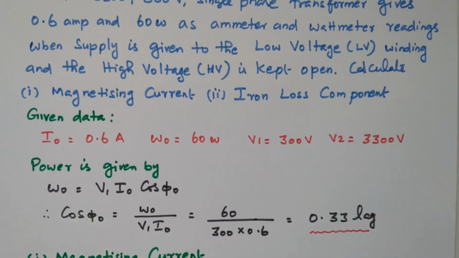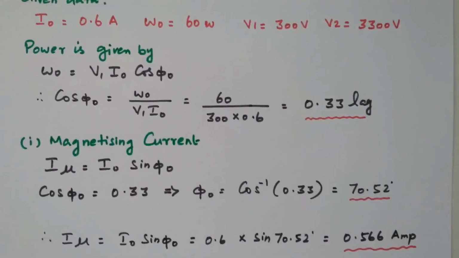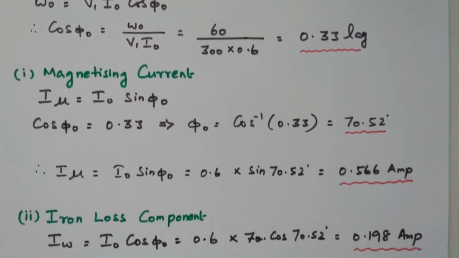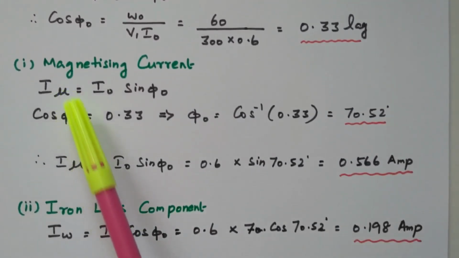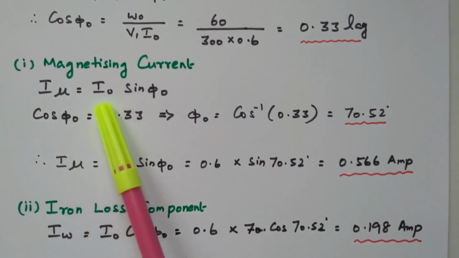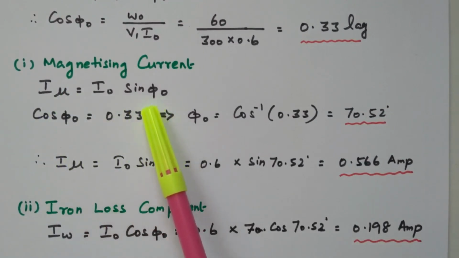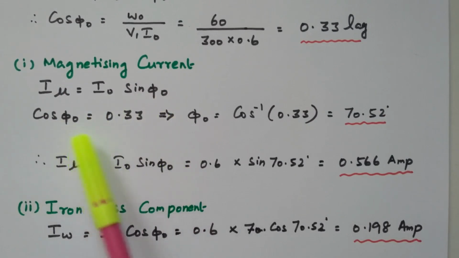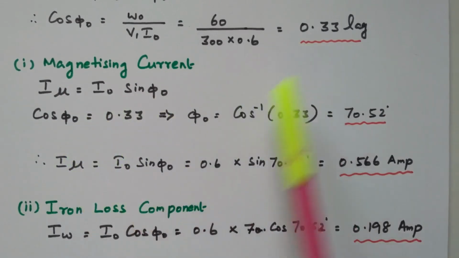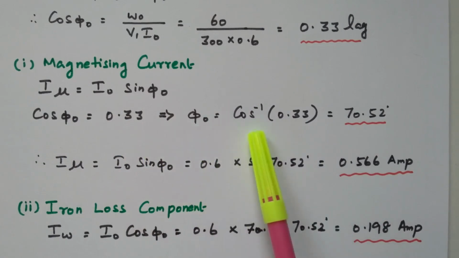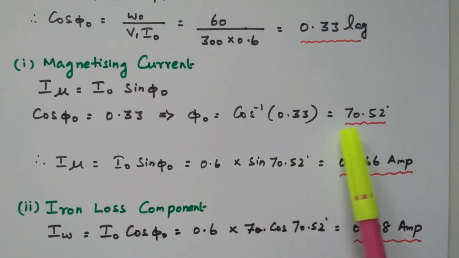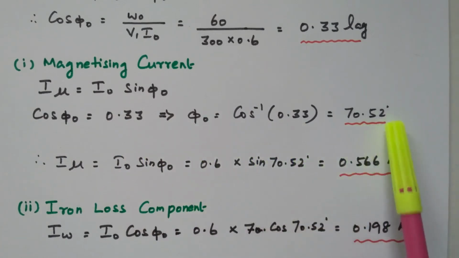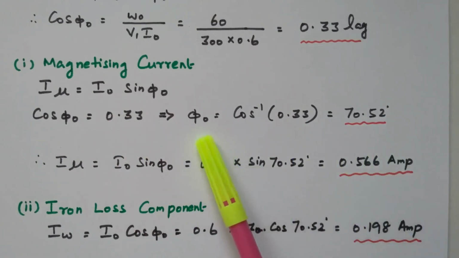From that we can easily find the magnetizing current and the iron loss component. The magnetizing current I mu is given as I naught sin phi naught. There is a separate video available for the no load condition. Since cos phi naught equals 0.33, phi naught equals cos inverse 0.33, which is 70.52 degrees, the angle between current and voltage.